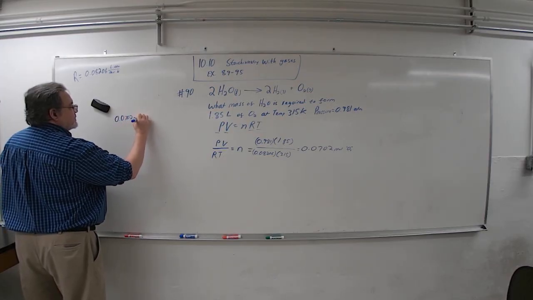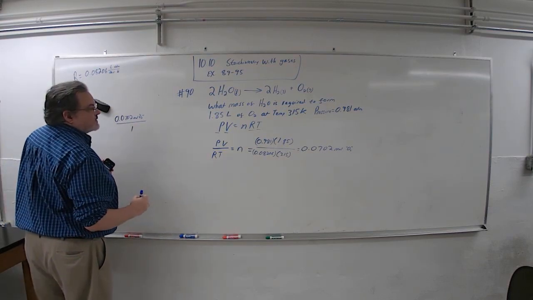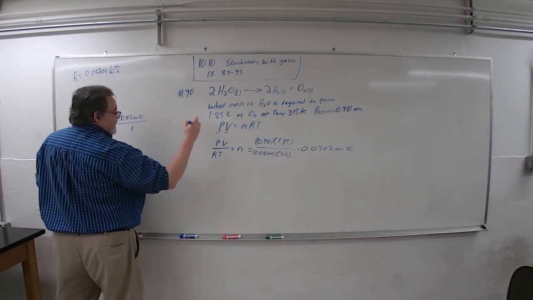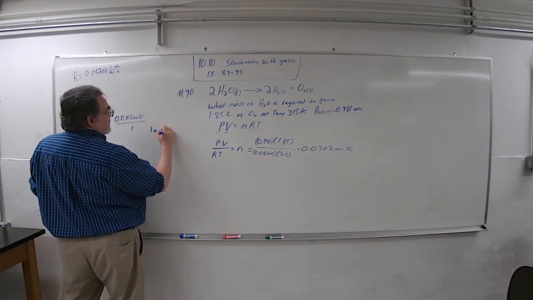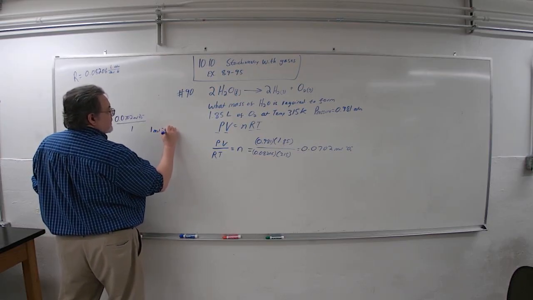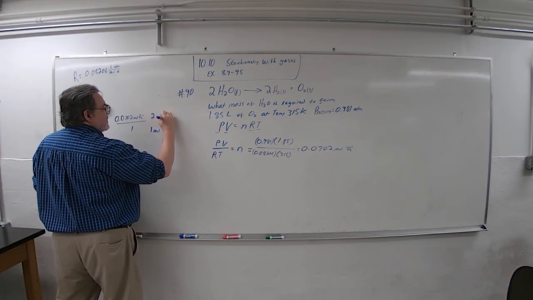Now that we have moles of O2, we use the mole ratio: 1 mole of O2 to 2 moles of H2O.